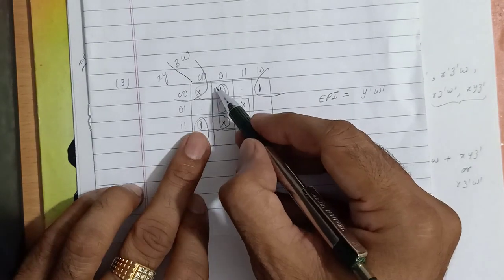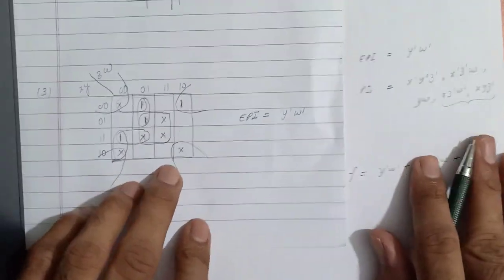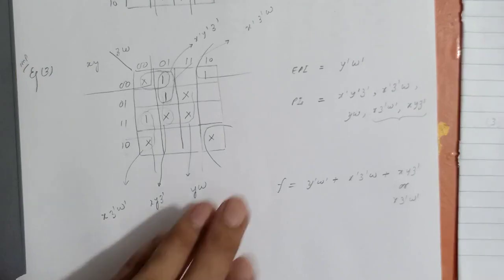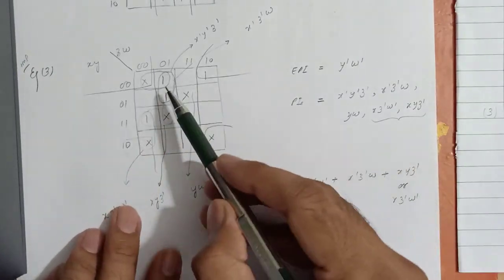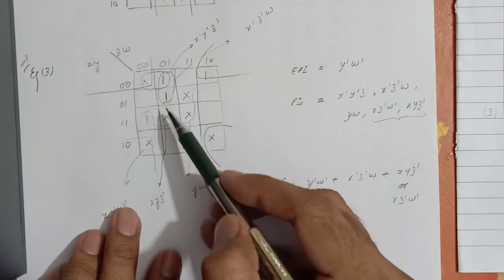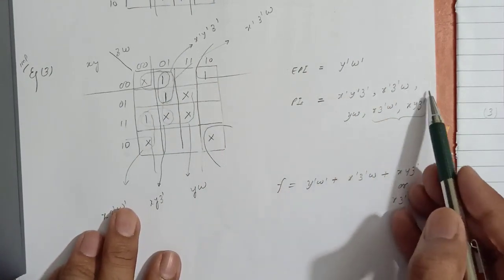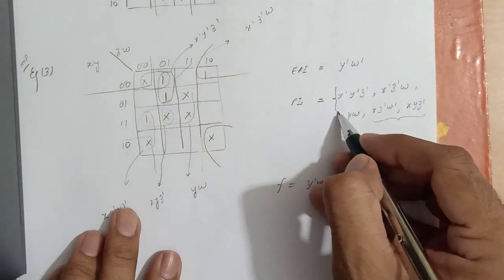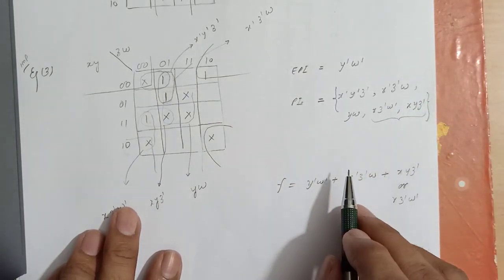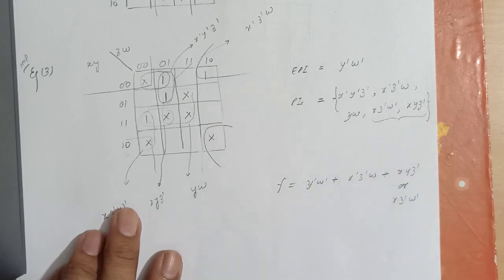So the remaining ones can be covered by many prime implicants. We have listed here that the remaining ones can be covered by these prime implicants. So from these prime implicants we have to select the minimum number of prime implicants that cover the remaining ones.